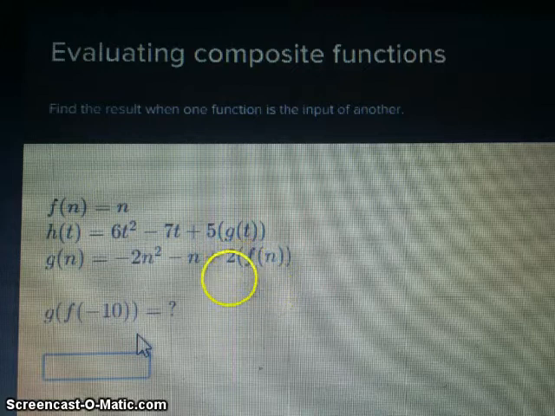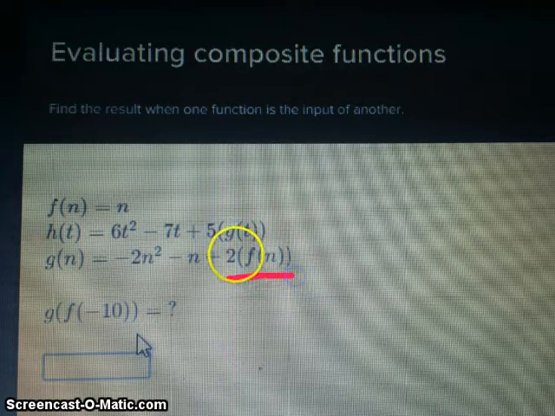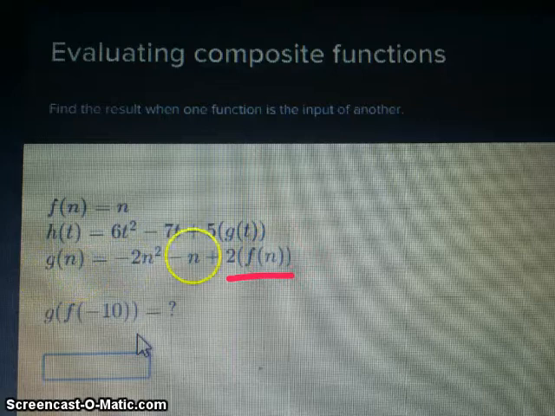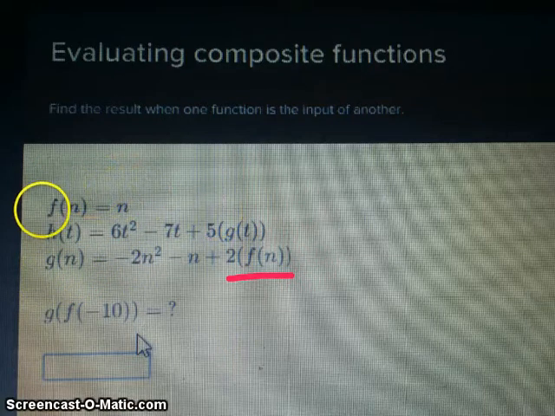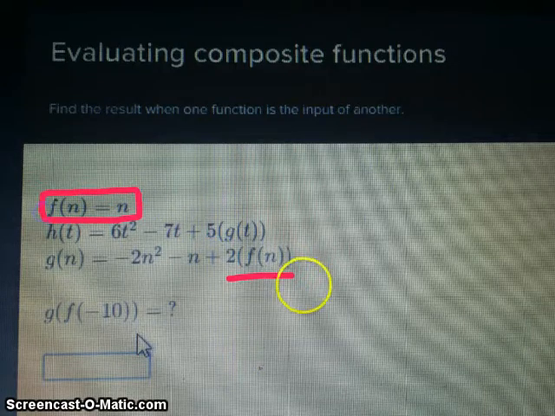And when you're looking at this, it's clear that down here you see that 2 times f of n is in this function g of n. So you can see that f of n is equivalent to n, and that just means that you can replace this f of n with n.